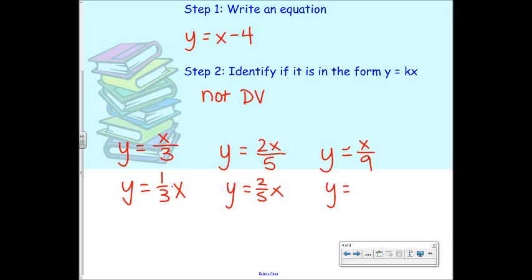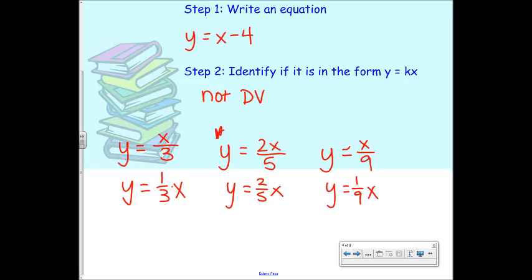What number do you put in front of x if there's nothing there? A 1. So what fraction would this be? 1 over 9x. So are these all direct variation? Yes, they all are. What's your k value for this one? 2/5. What's your k value for this one? 1/9. All right? And k, again, is just whatever number you're multiplying by.